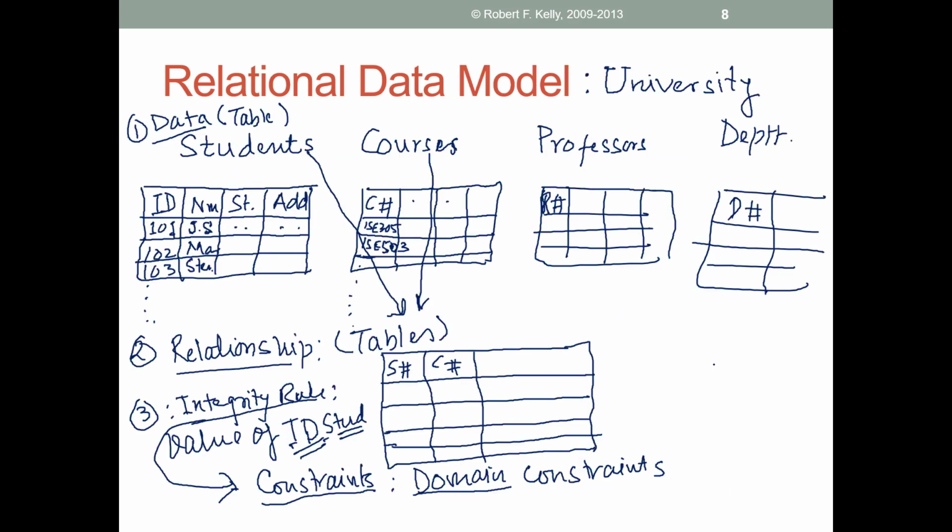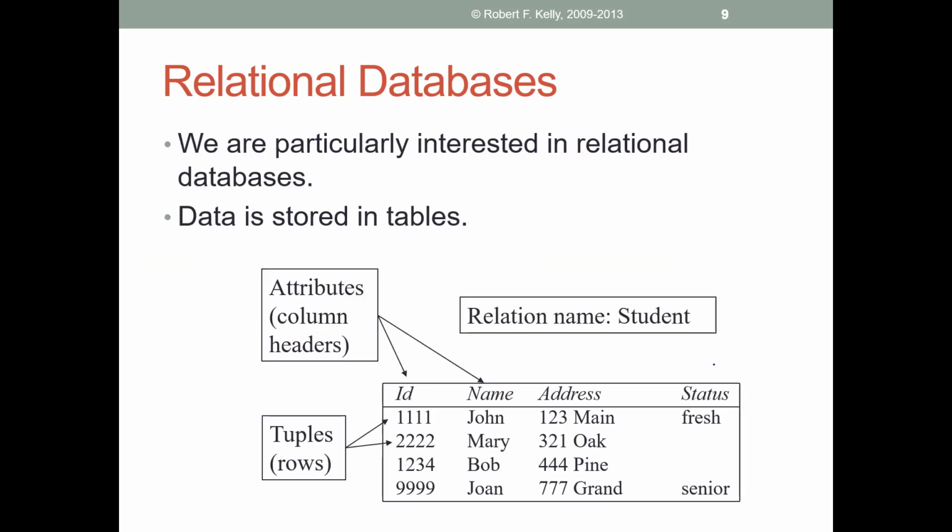Now this is an interesting slide because here you have a much better looking example of a table, and this table is storing the information about the student. It's a relation name or table name, that is student.